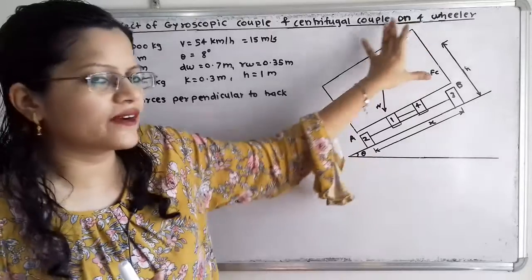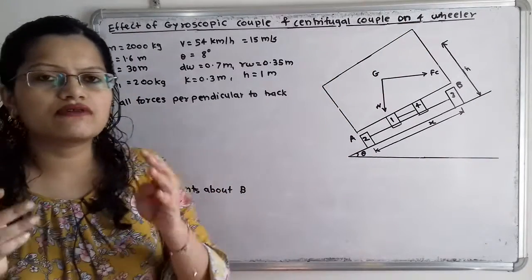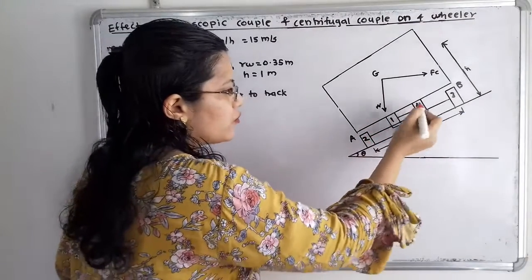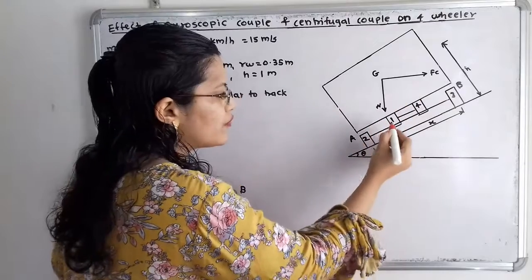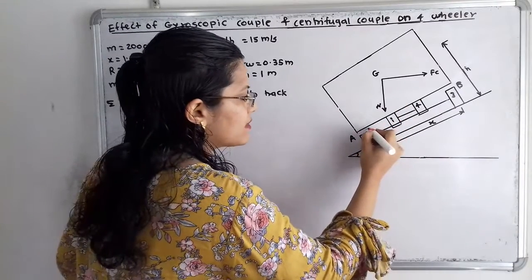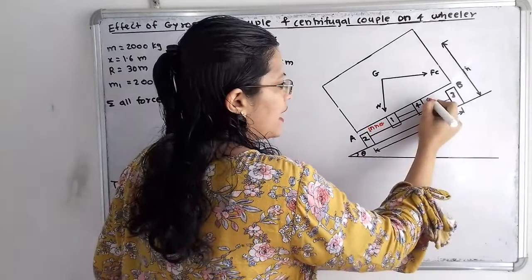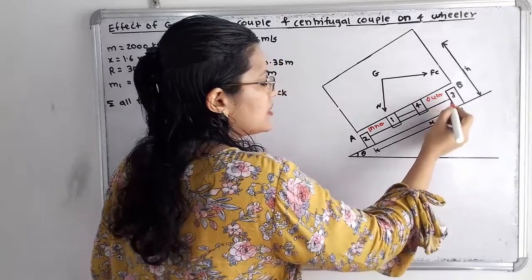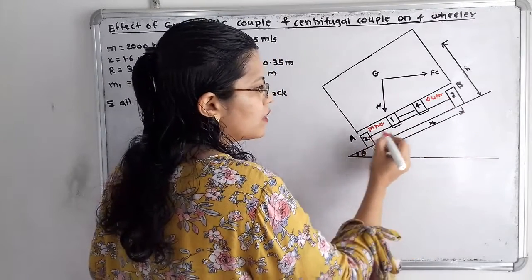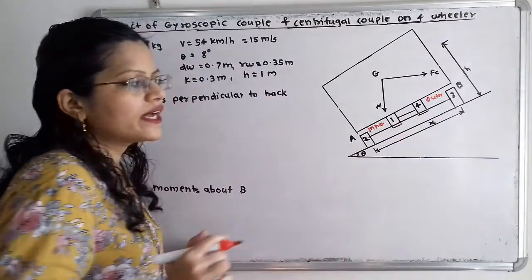So here is the front view of this vehicle. If we observe, we have to give numbers to the wheels, that is 1, 2, 3, 4. We will consider wheels number 1 and 2 as the inner wheels, and wheels 3 and 4 as the outer wheels. So the line joining wheel number 2 and 3 is the distance x.